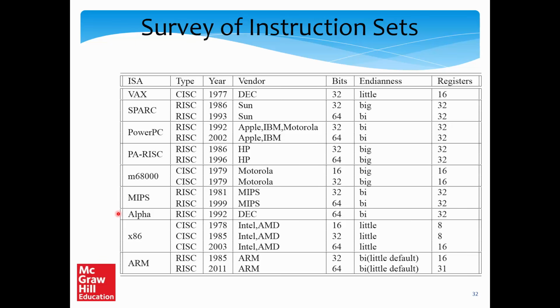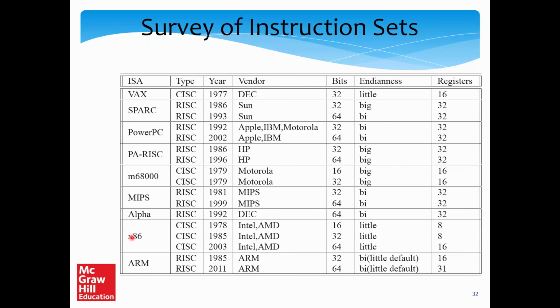Here is one more instruction set which is my personal favorite, the reason being that this is the first instruction set that I had learned: the DEC Alpha instruction set, introduced circa 1992. It started out as a 64-bit instruction set with 32 registers.